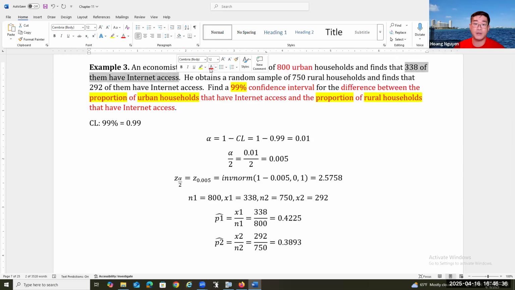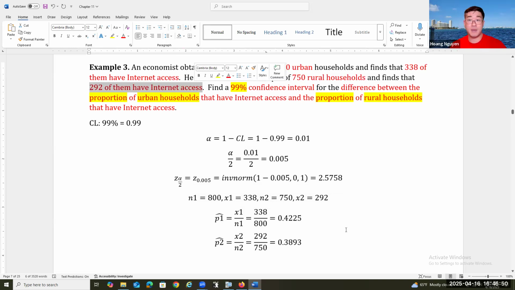So X1 is equal 338. And then for the second sample, we selected 750 rural households, so N2 is equal 750. And we find out that 292 of them have internet access. So based on that given data values, we know N1, N2, X1, X2, right?